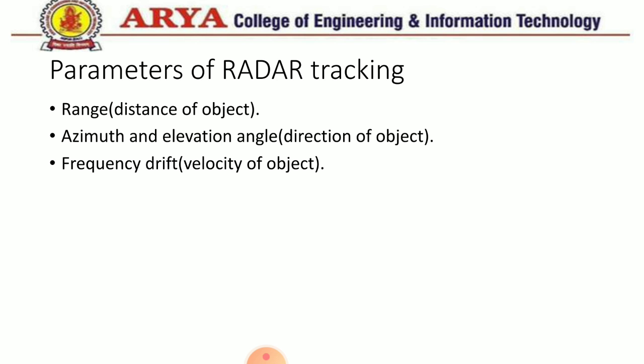The beam of the radar determines the azimuth and elevation angle, and that is essential to identify the direction of the object. So in a radar tracking system, the direction of the object is identified by azimuth and elevation angle, and the distance of the object is identified by range.